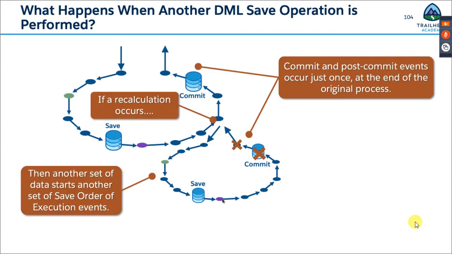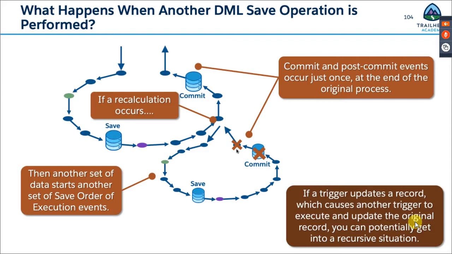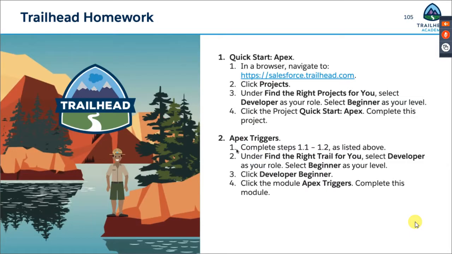The commit does not happen here. There will only be, in total, one single commit at the very, very end of everything. All right, and that is the order of execution. And there are a couple of trailhead trails for you on that.